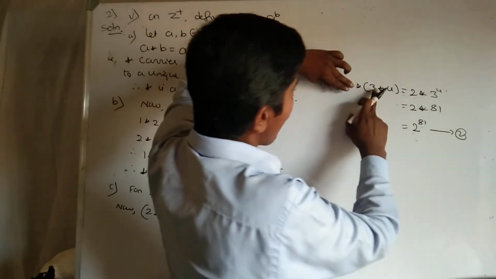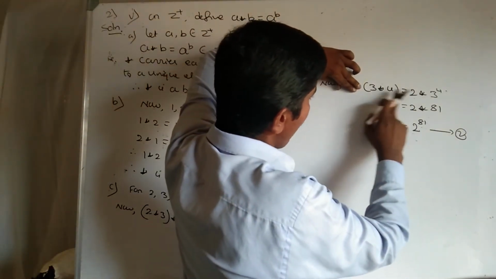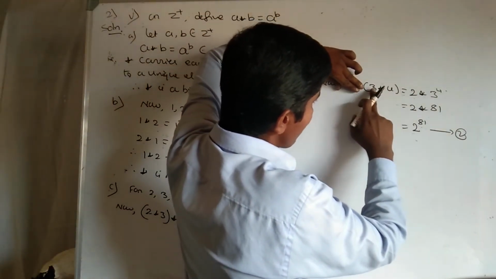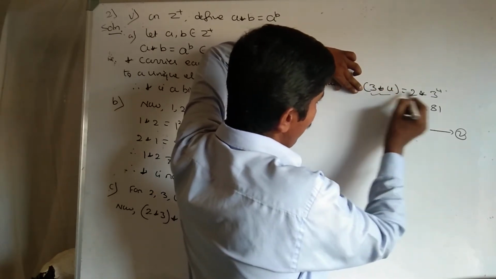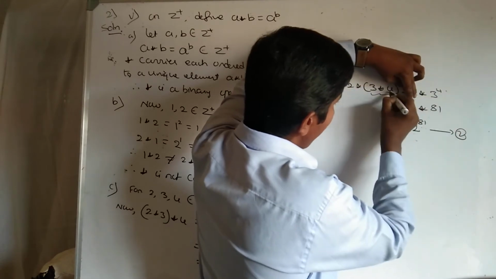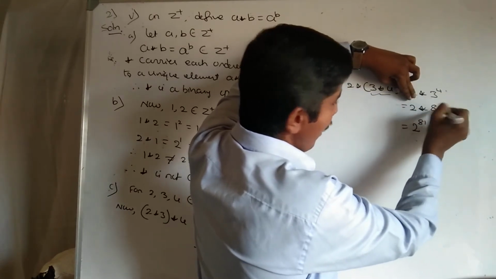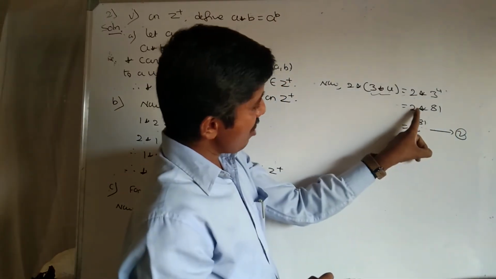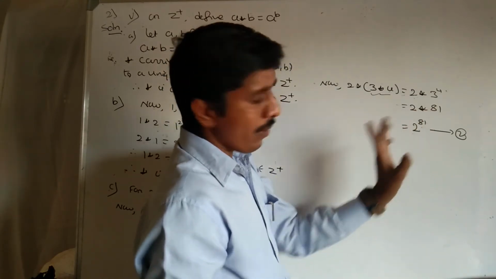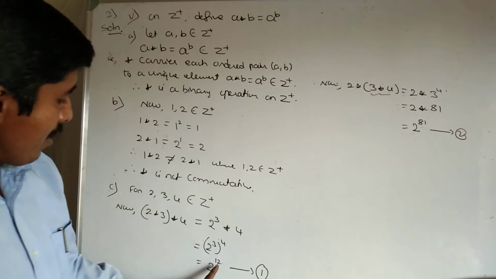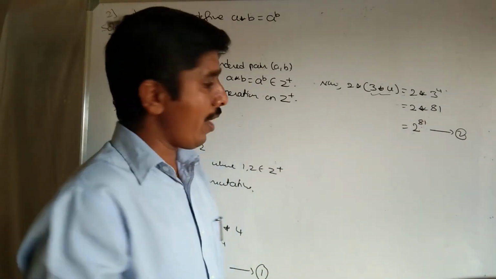Now 2 star (3 star 4): 3 star 4 with A equal to 3 and B equal to 4 is 3 power 4, which equals 81. Again A star B gives 2 power 81. From 1 and 2, this is 12 and this is 81, unequal.